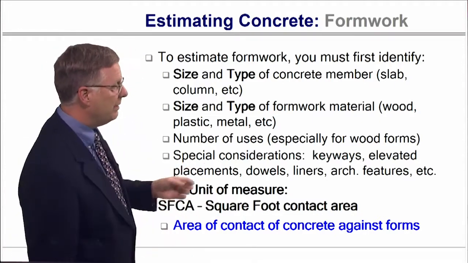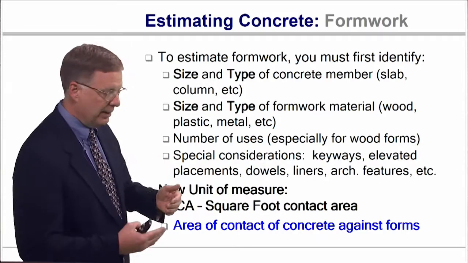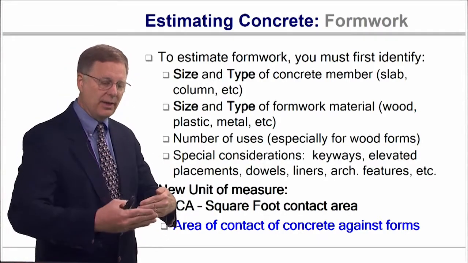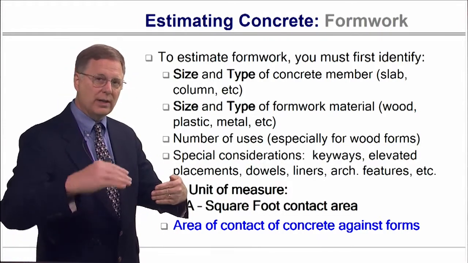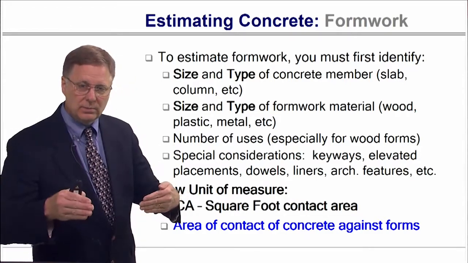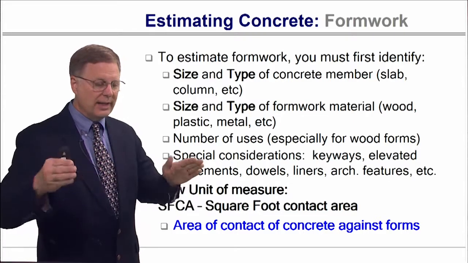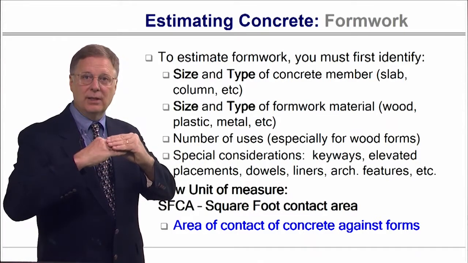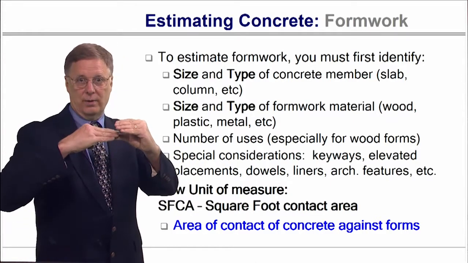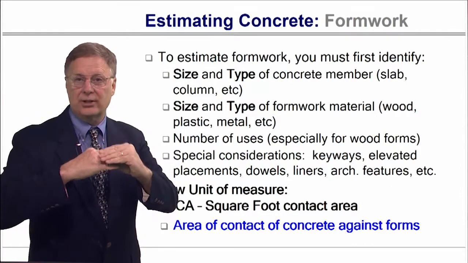And adds would be keyways. A keyway is when you're going to stop one section of concrete and another section of concrete starts, and you want to cut a little, almost a mortise joint, so that the two can fit together and they don't move. They're actually acting as one section.